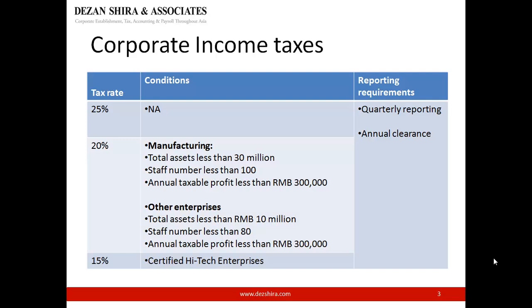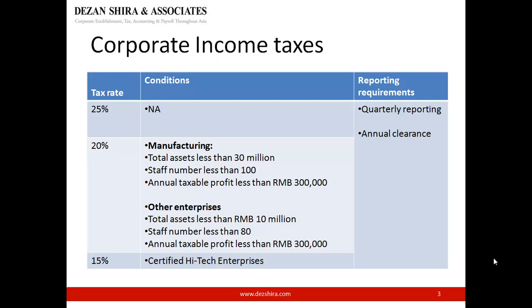You need to bear in mind that this high-tech certificate is not given but applied for. The conditions on this high-tech certification are quite restricted and it only takes effect for 3 years.